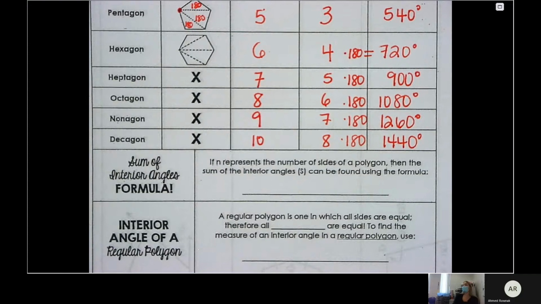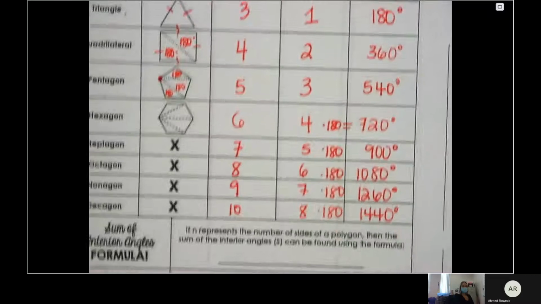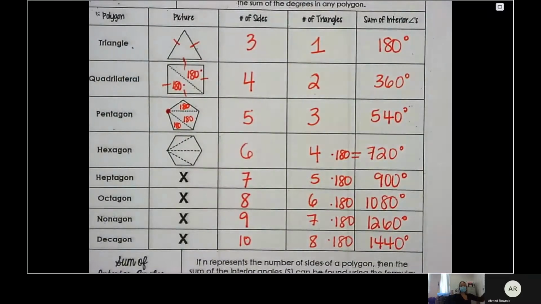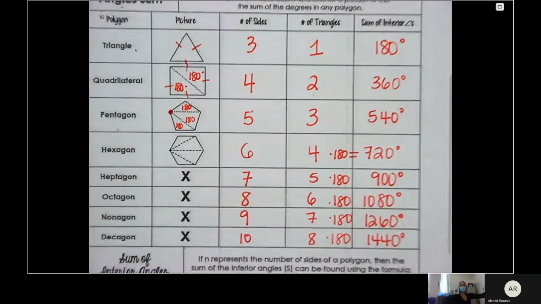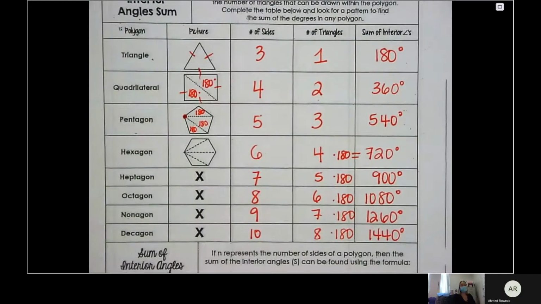Same numbers? Okay, now I have a question for you. What is a pattern that you notice between the sides, the triangles, and the sum of the interior angles? What's something that you notice?